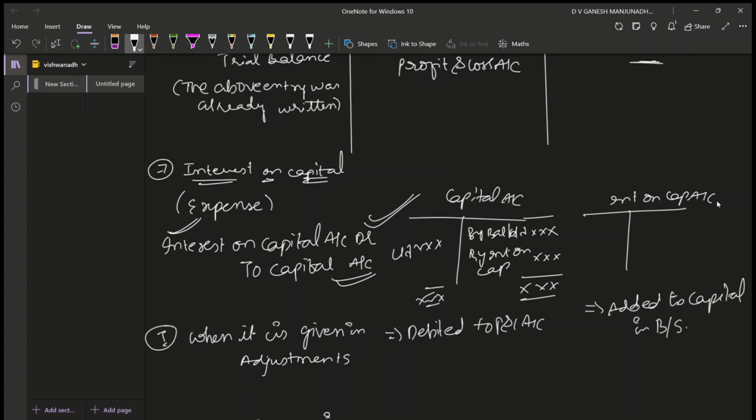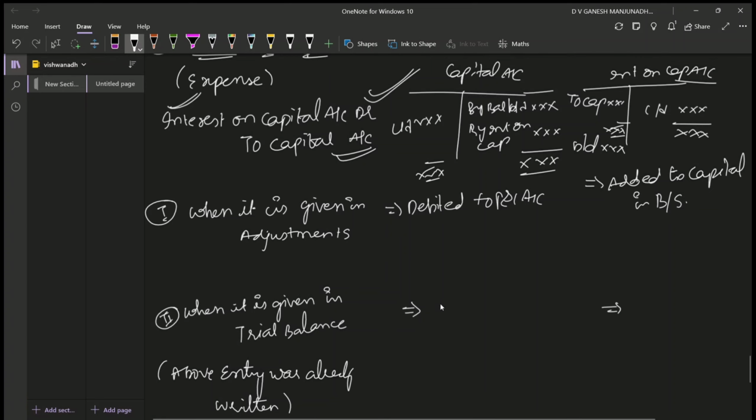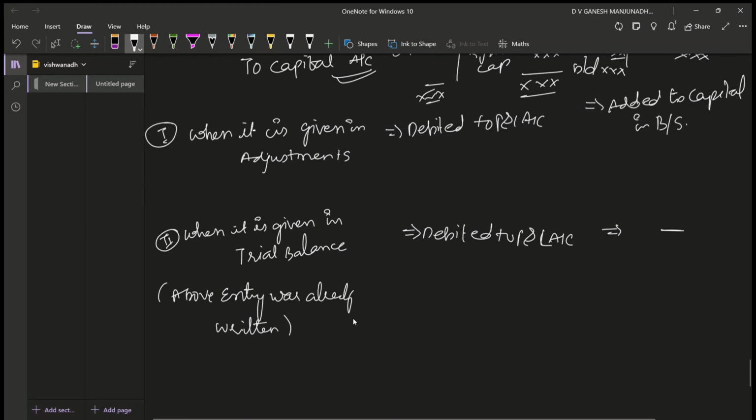So here to capital, and the carried down balance would be written here. So the total balance would be brought down again, as it is again a debit balance item. This would be like an expenditure. Okay, it is to be simply debited to P&L account, but nothing is to be done in the balance sheet, as it is already added to the capital. That is the entry nature of this item.